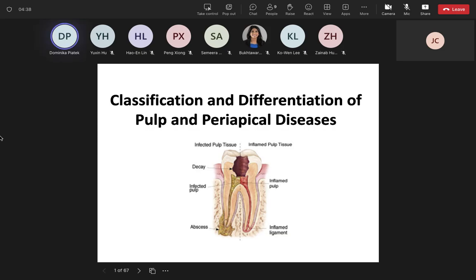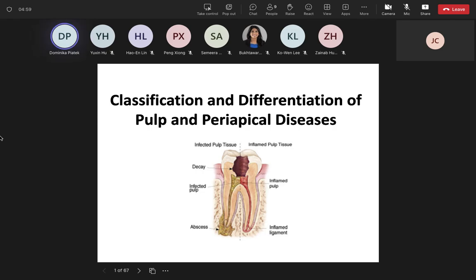We've got some ways for the bacteria to enter, but bacteria are not the only cause of problems in the periodontal or periapical area.